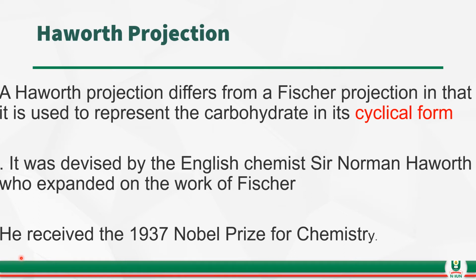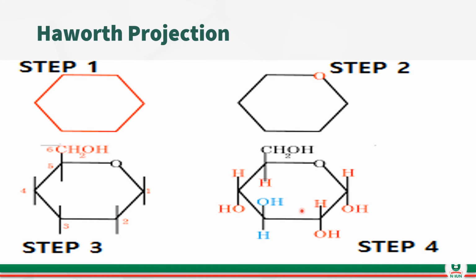So in the Haworth projection, glucose is represented in a cyclical form. We have only 5 carbon atoms in the structure.